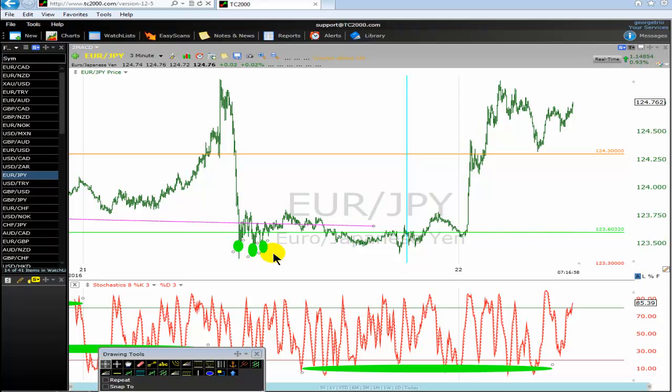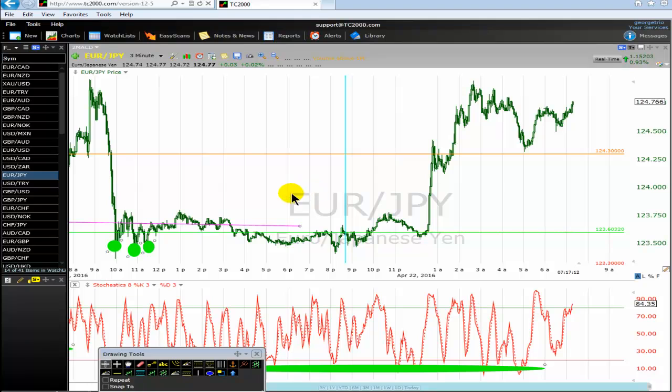This is what we are talking about. You want to buy near a support level, and also you don't want to be the first person to buy. Here we have a triple bottom chart pattern, though it was a bit tricky to buy because the market environment was not suitable.